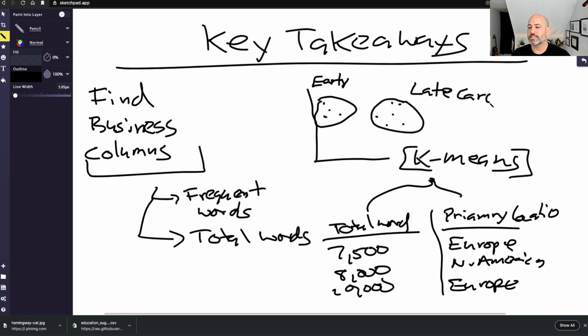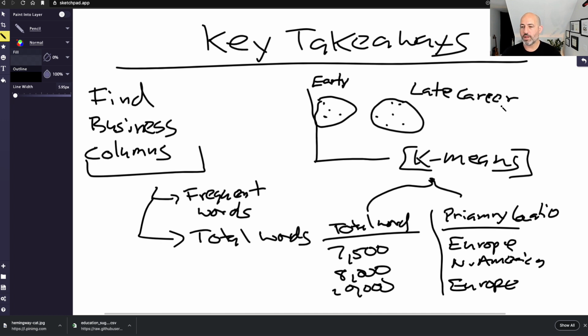But let's say that you were able to structure the data into these columns here, like total words, the primary location, but it could be anything else as well. Maybe you find something else. Maybe you find people who wrote about what Hemingway wrote. Maybe that's another one, like the frequency that people liked it. There's an unlimited amount of columns that you can find.